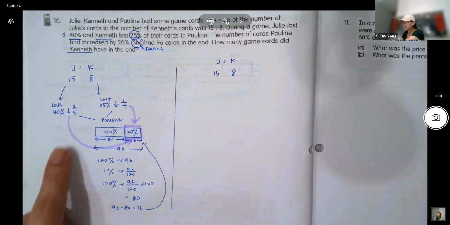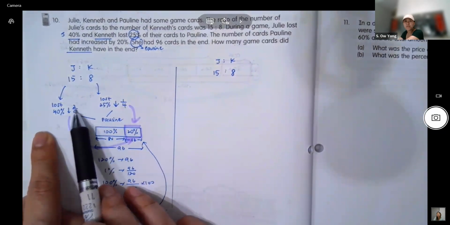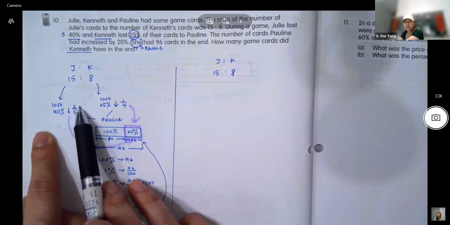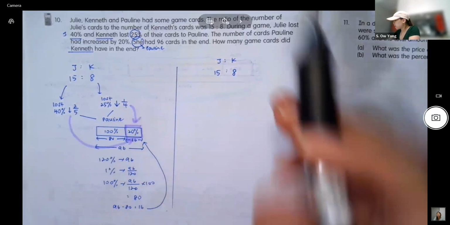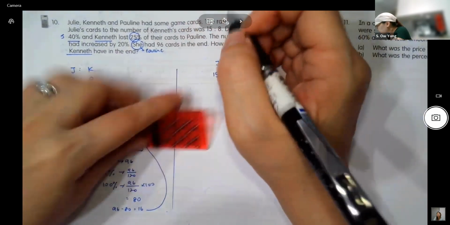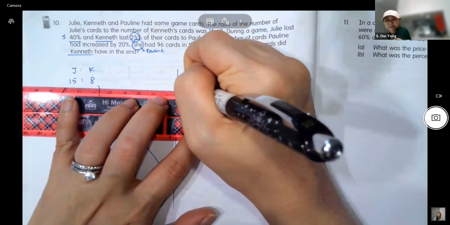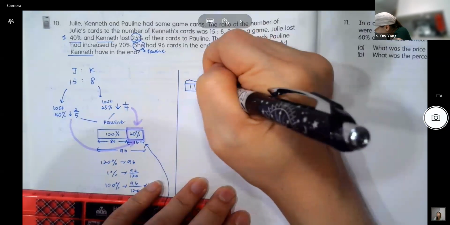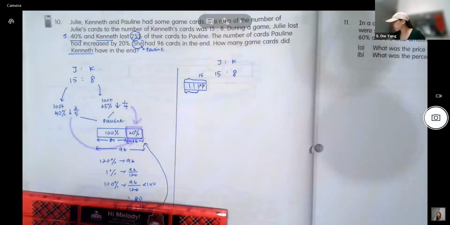If let's say Julie lost 2 out of 5, meaning originally had 5 units. Julie lost 2 units, left with 3. So if I draw a model for you to see, it means that originally Julie has 5 units. And the 5 units is 15. After she lost 2 units, she's left with 3 units.